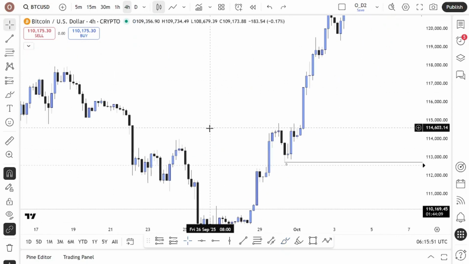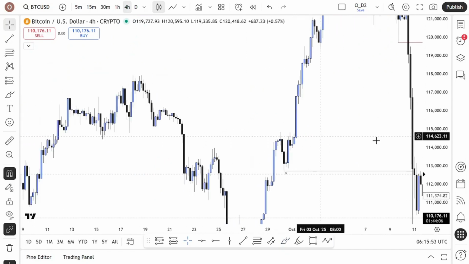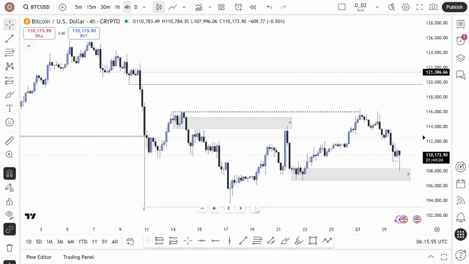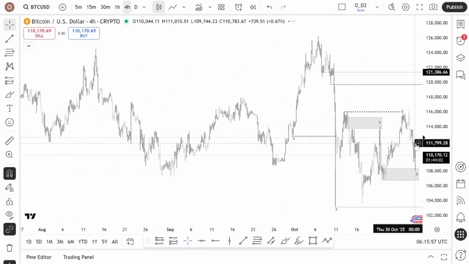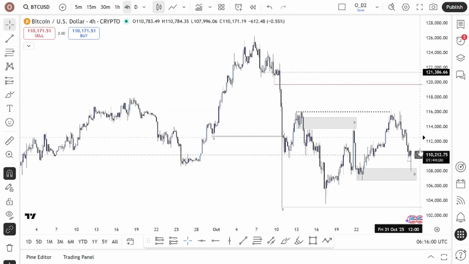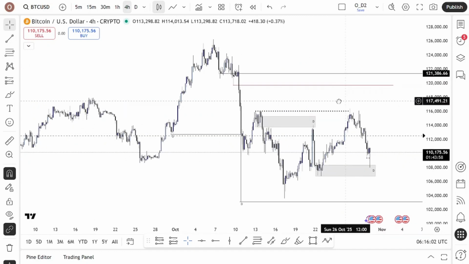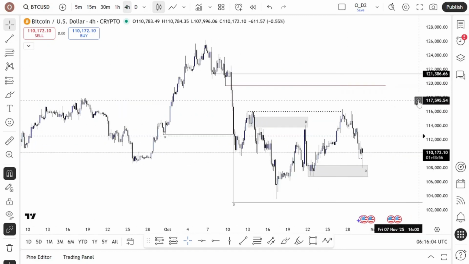These tiny structures, always zoom into your charts. There's no need, sincerely speaking, to zoom out to prove any point to anybody. I understand what a lot of them are trying to say, but there's sincerely no need to do that.